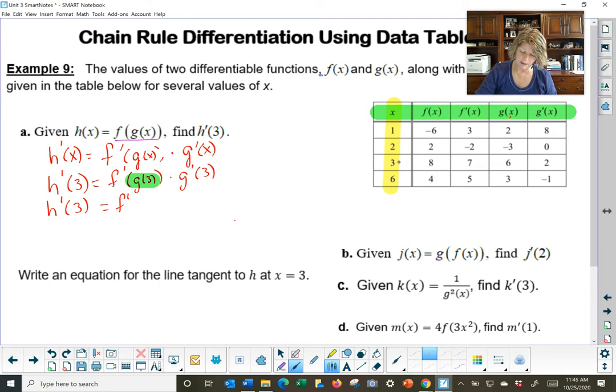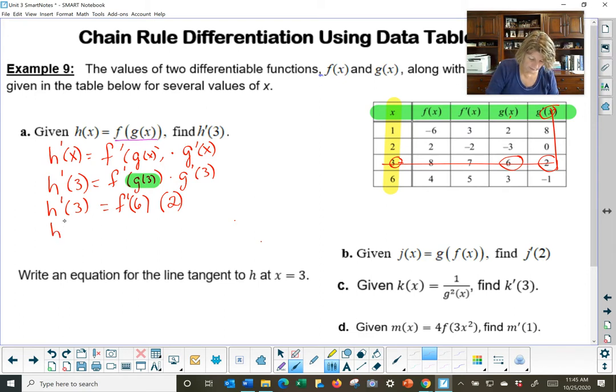Let's see, g of 3 equals 6. So it isn't f prime of 3 times 6, it's f prime of 6 is what we need to go after. And let's grab g prime of 3, that would be the 2, wouldn't it? Multiplied by 2.